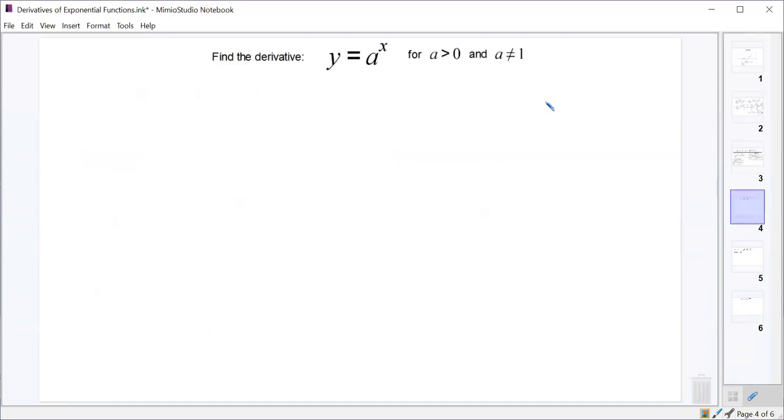Let's see if we can find the derivative of a to the x. Any thoughts on how we're going to go about doing that one?